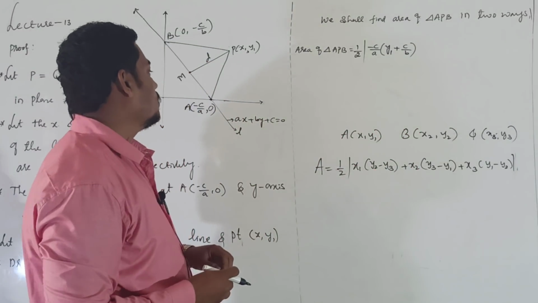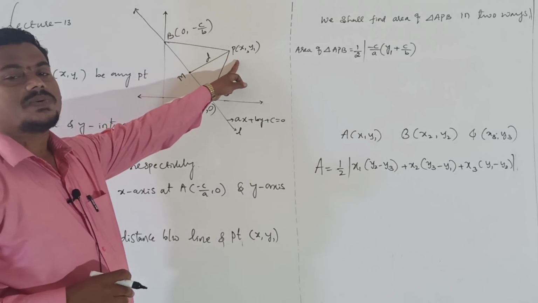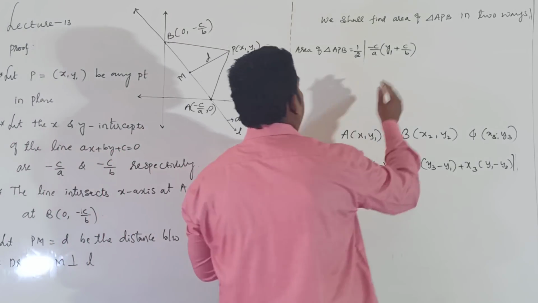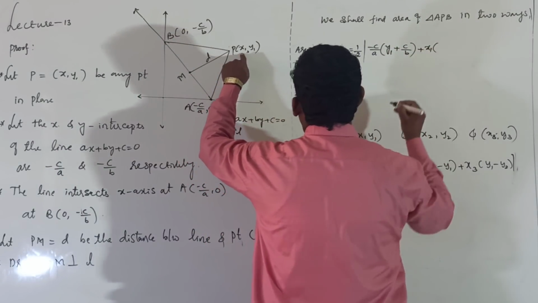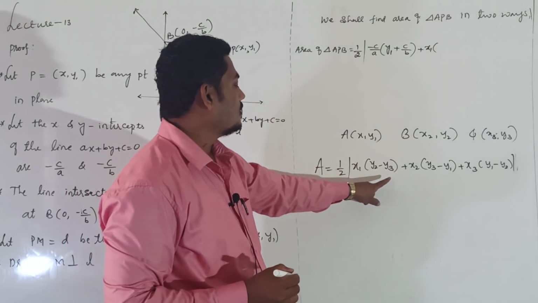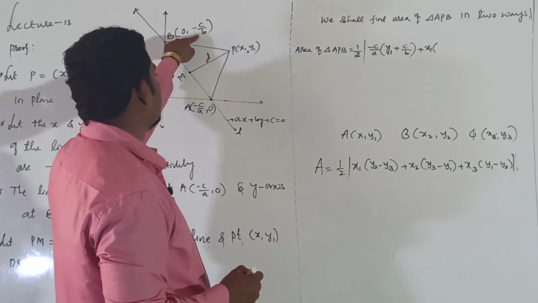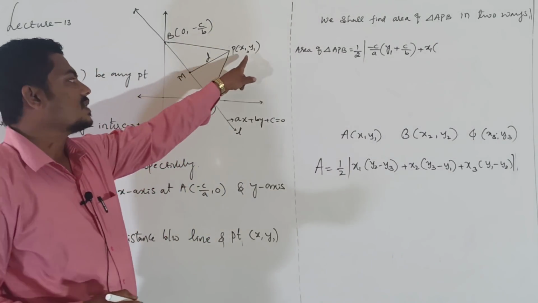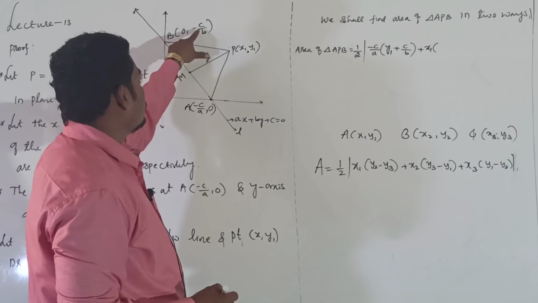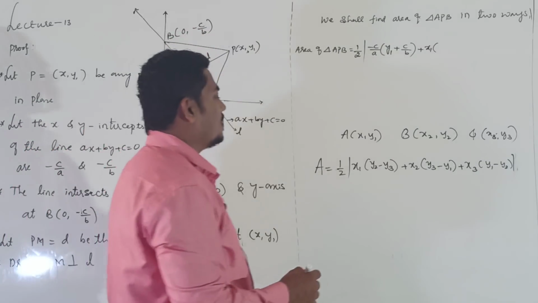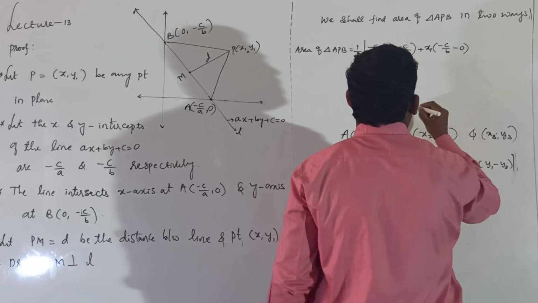Then x2, in place of x2 we have x1, x1 into y3 minus y1. In this case, what is the y3 value? This is x1 y1, x2 y2, x3 y3. y3 minus y1 is minus c by b minus 0.